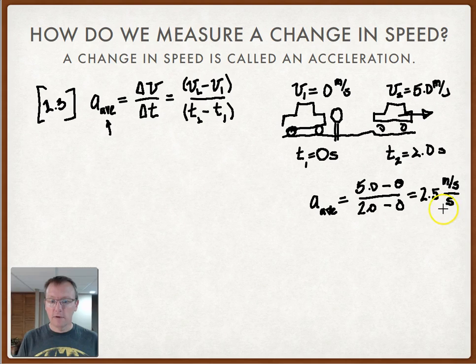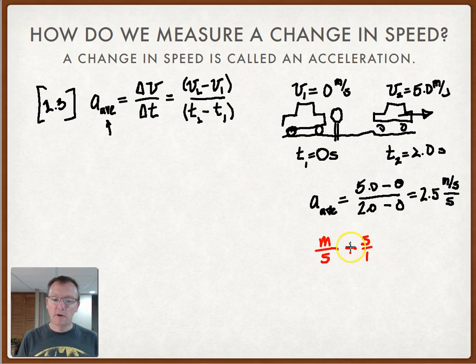If I wanted to write that as just a division problem, I would write meters per second divided by seconds over 1, because there's just a 1 on the denominator of that unit at the bottom.